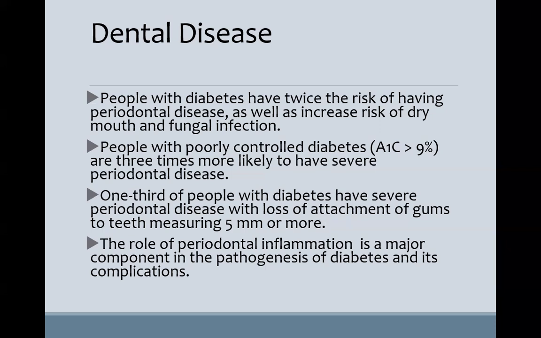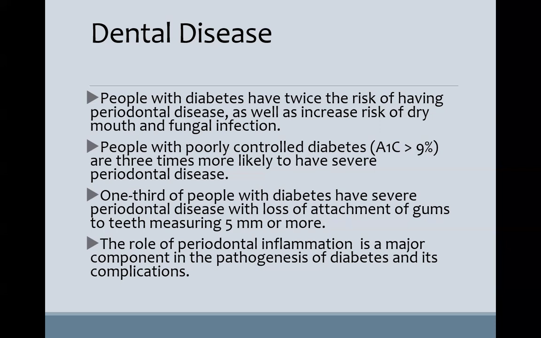So we have a phenomenon where if somebody's blood sugar is consistently high, that person is going to have a harder time dealing with infections in their body and healing wounds and getting rid of infections. At the same time, somebody who has a chronic infection, such as periodontal disease, and they have diabetes, they're going to have a harder time controlling their blood glucose.